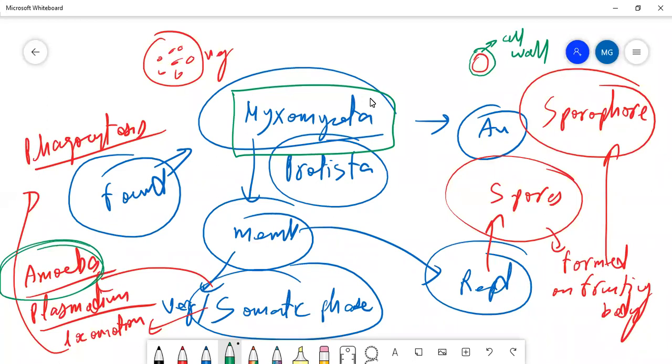But even if you look at the nutrition, अगर मैं इनकी nutrition की बात करूं, the nutrition of myxomycota is also very similar to amoeba. मतलब जैसे amoeba will engulf certain bacteria or something, by phagocytosis it will engulf some extracellular material.